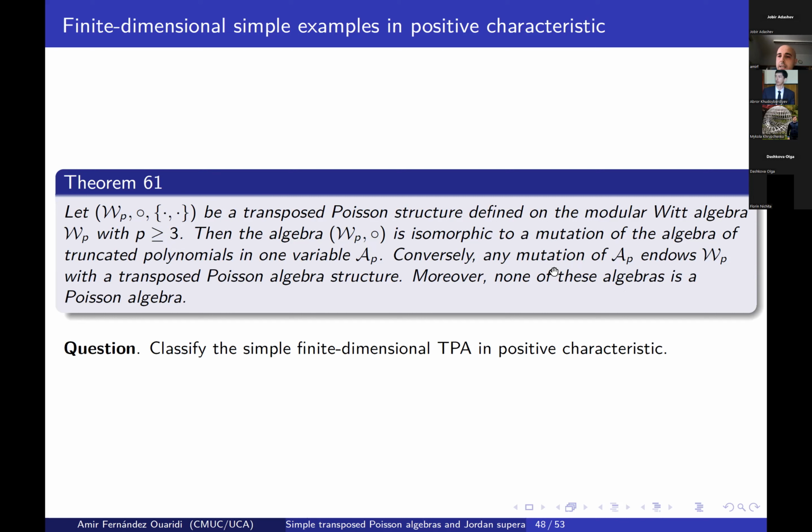And conversely, any mutation of A_P endows W_P with a transposed Poisson algebra structure. And moreover, none of these algebras is a Poisson algebra.